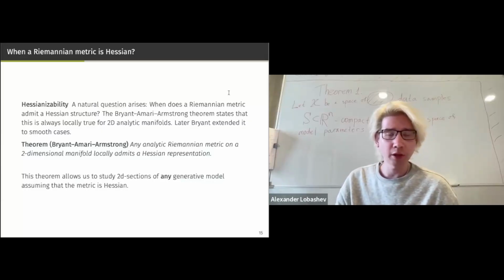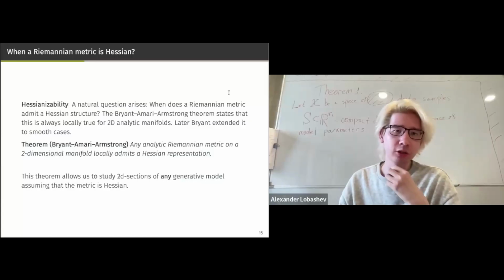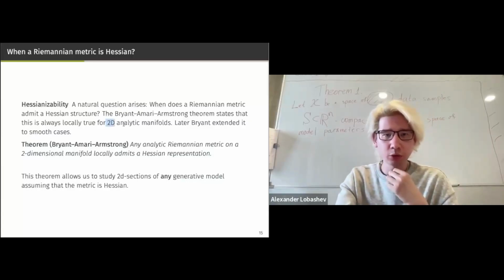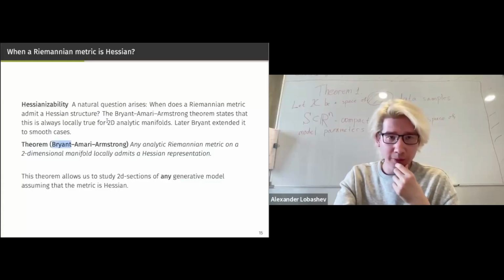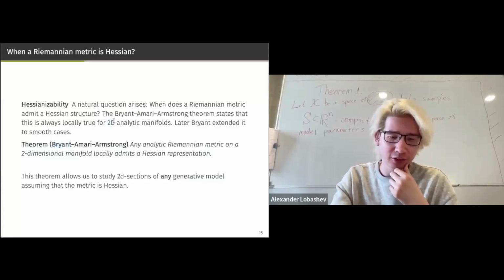And the answer to this question is actually positive for two-dimensional analytic and smooth manifolds. It was proven in 2013 on Math Stack Exchange, and it was answered by Bryant.